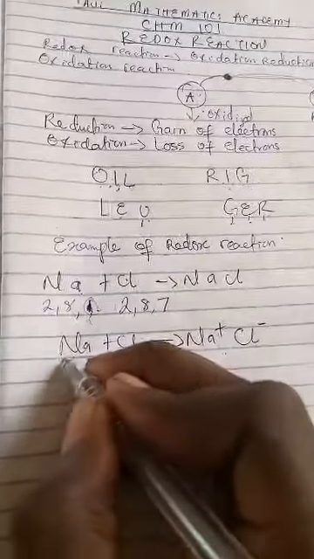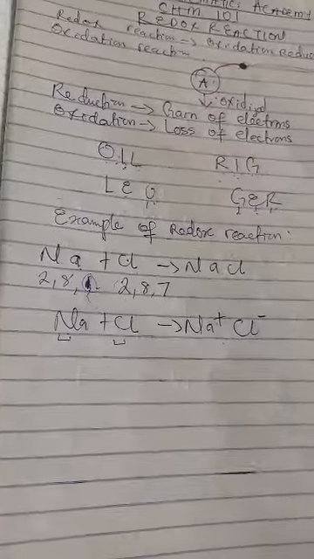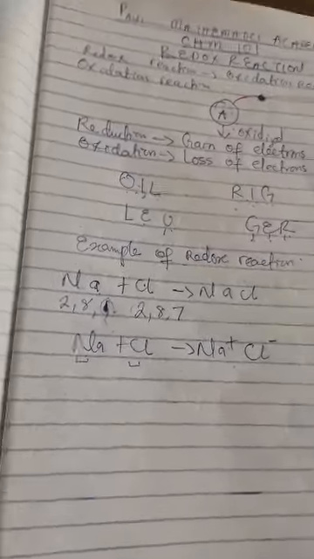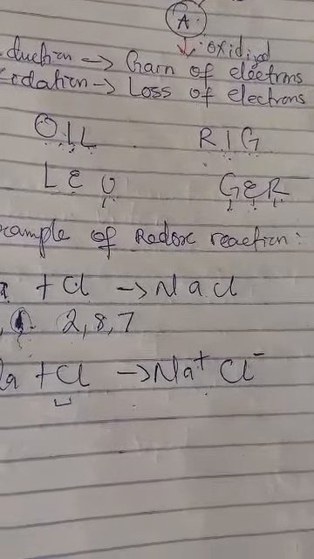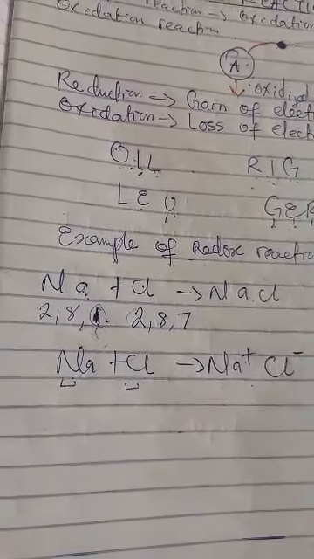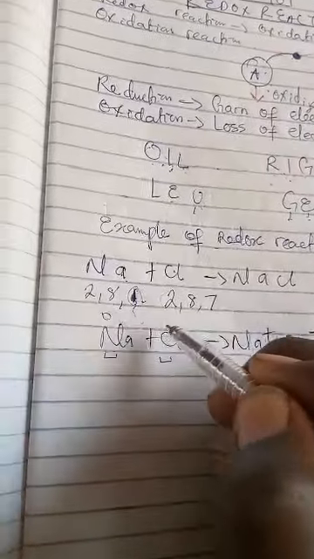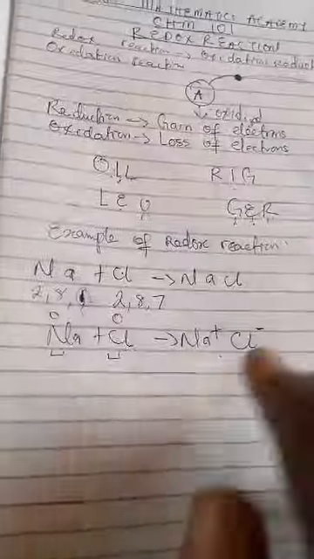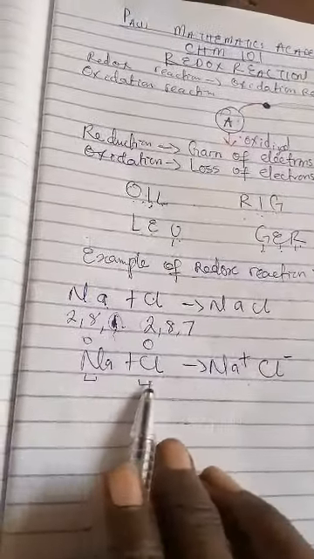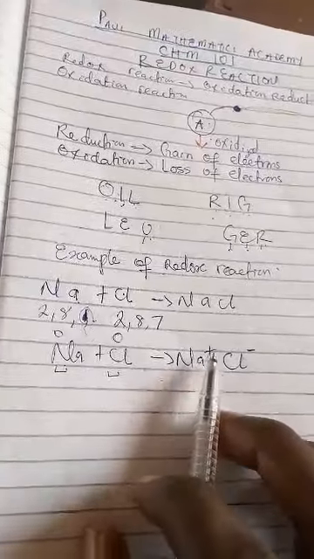Initially, sodium and chlorine are electrically neutral atoms. That is, the charge of sodium here initially should be 0. The charge of chlorine here initially also should be 0. So that is why I say they are electrically neutral atoms before this reaction takes place.